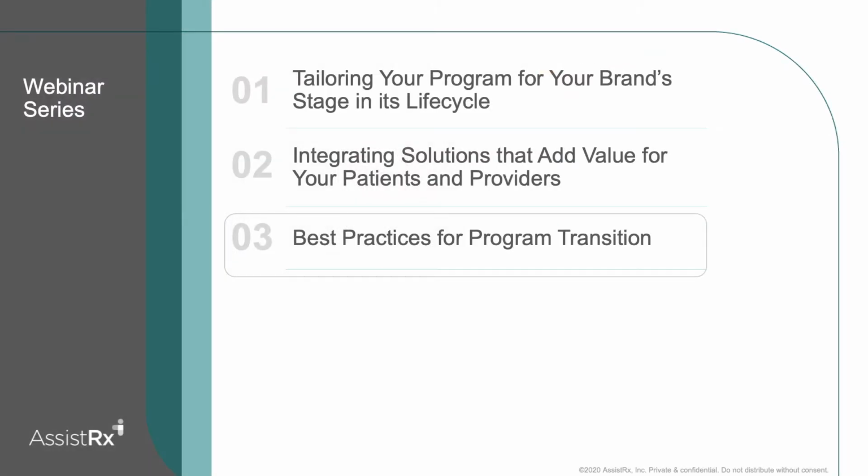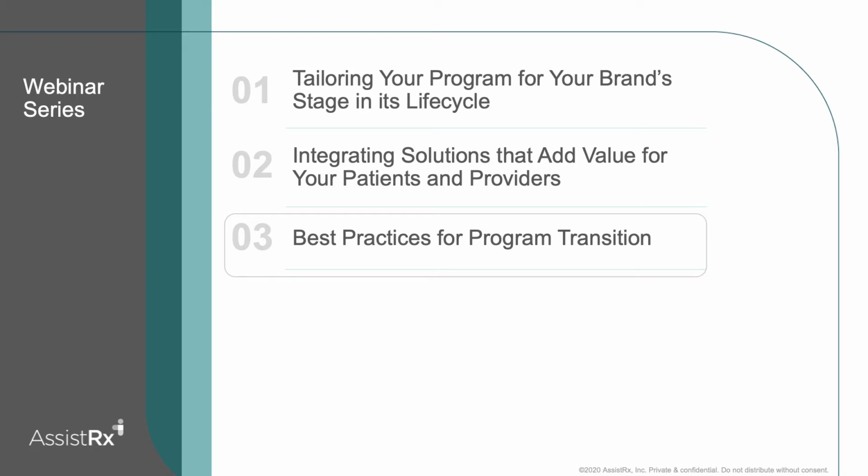In the first part of this three-part webinar series, we talked about the evolving needs of the providers and patients throughout the brand's life cycle and how the perfect combination of tech and talent can serve these populations. In the second installment, we discussed how to meet patients in their life flow and providers in their workflow, and how to measure program performance and empower your field teams with actionable insights.